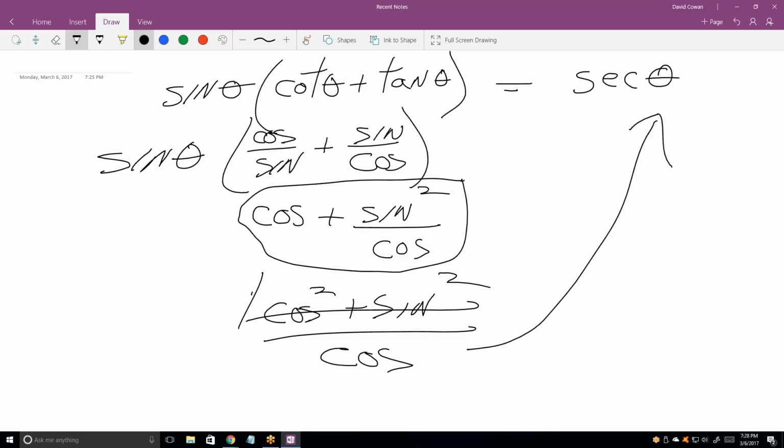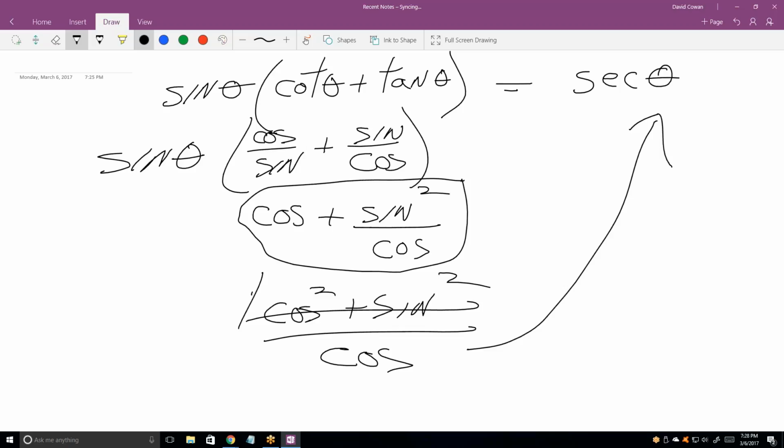Yeah. Okay. So I guess almost a general rule of thumb, maybe not always, but if you see a sine or a cosine in the thing, then that's probably the way to go, is to turn everything else into sines and cosines.